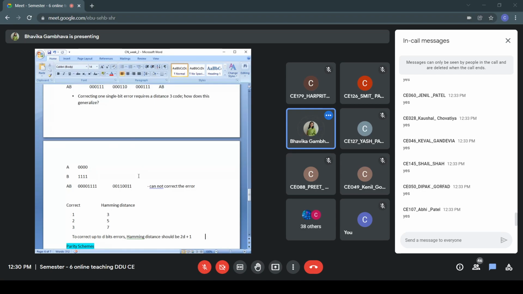Okay, fine. So now, what do you think is better according to you? Error correcting codes or error detecting codes? Yes, error detecting codes are used in real life because error correcting codes are expensive.